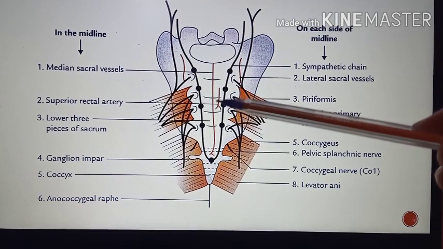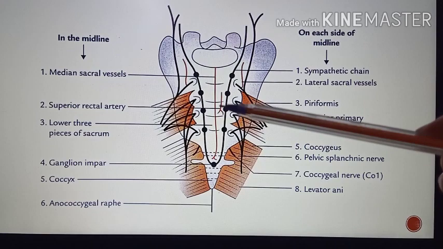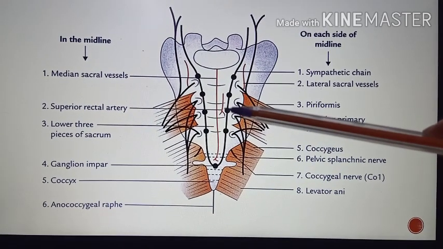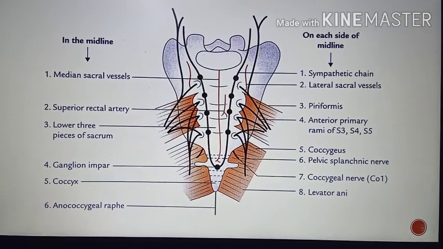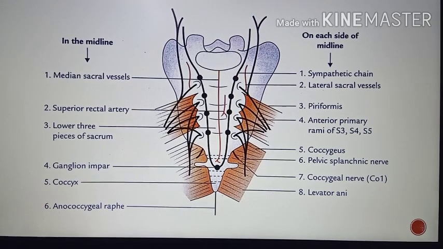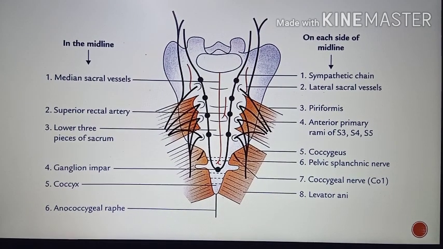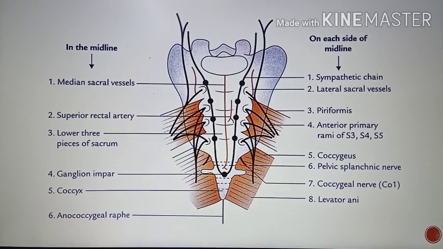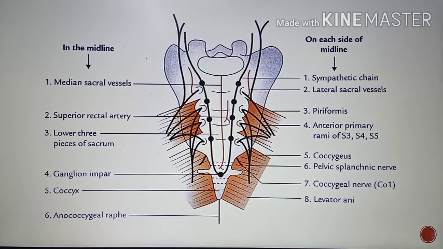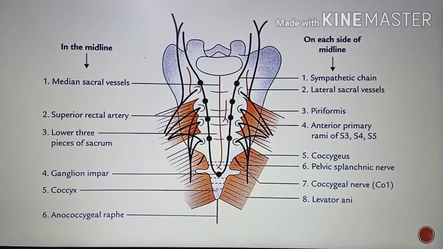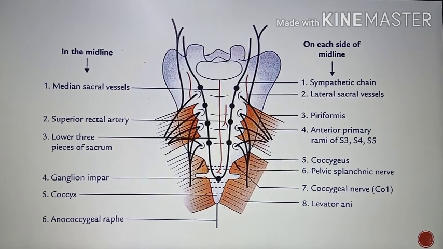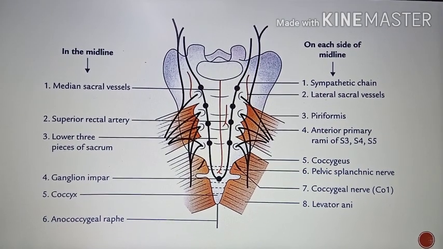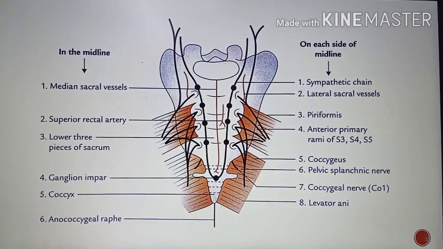The superior rectal artery will lie opposite to the S3 vertebra. Then also the fascia of Waldeyer. This fascia of Waldeyer is the connective tissue by which the ampulla part of the rectum is attached to the sacrum and coccyx.